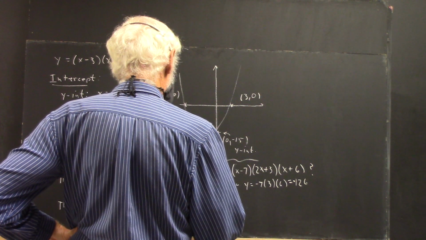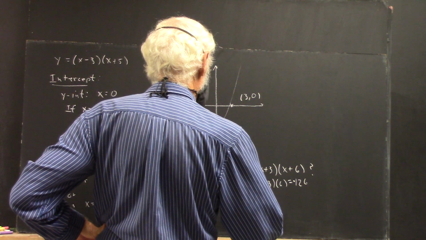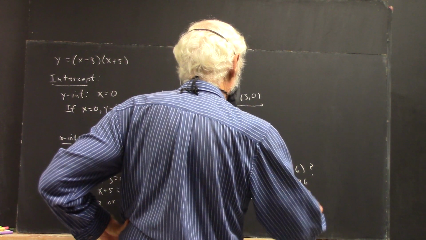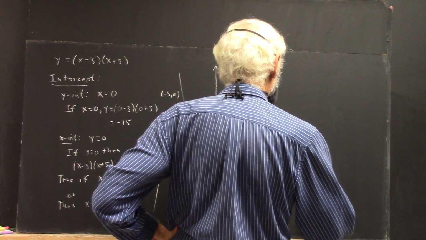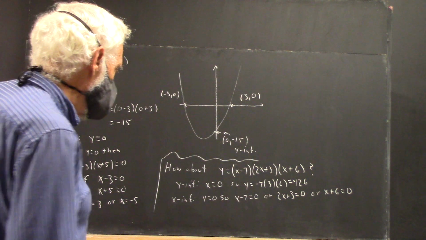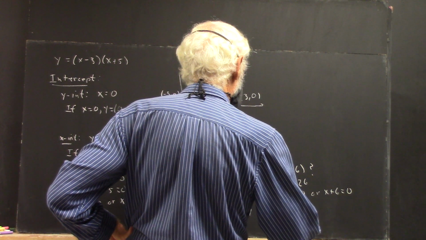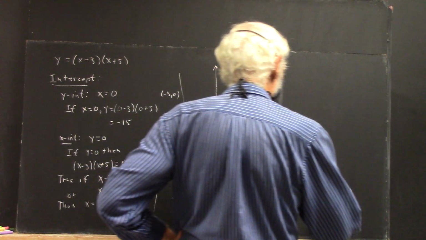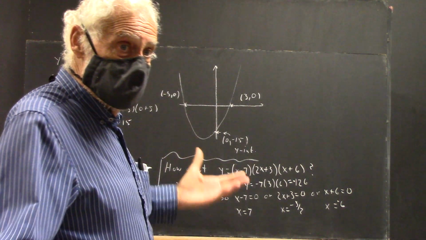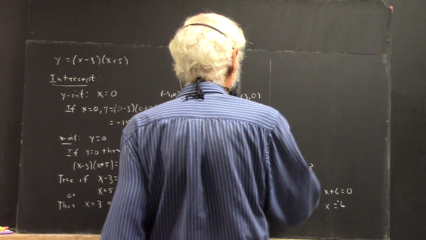X-intercepts occur when y equals 0, so x minus 7 equals 0, or 2x plus 3 equals 0, or x plus 6 equals 0. So this tells you that x equals 7. This tells you that x is negative 3/2. This tells you that x is negative 6. No big deal, right? Easy to figure it out if you have a polynomial in factored form.